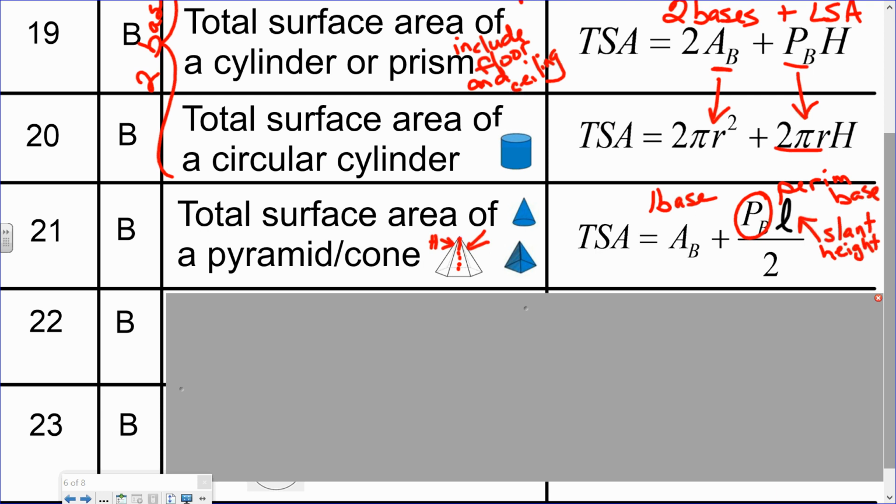But the slant height is if I go down through one of these triangles along where that pyramid slants. So it's like the height of one of those triangles. It's the altitude of one of those triangles, but it's the slanted height of the pyramid. It goes from the middle of one of the triangles on that perimeter up to the point.